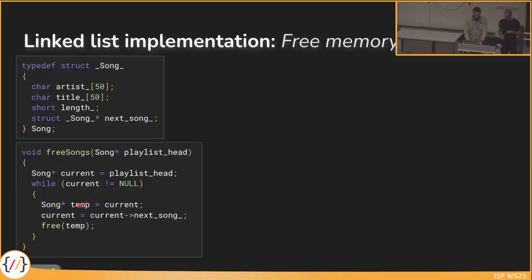What we want to do now is free all elements. But here we have to consider not to free the current element. Why? Any ideas? What could be the problem if I just iterate over the whole linked list, and when I'm at the current element, I free this current element?